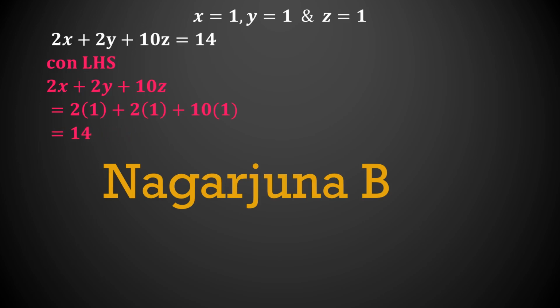So we have got the RHS. LHS is equal to RHS. That means the values which we have calculated by applying the Jacobi iteration method are correct for the third equation also.